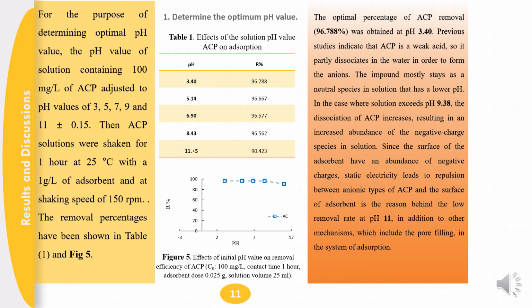Effect of the solution pH value on acetaminophen adsorption, and in figure 5, effect of initial pH value on removal efficiency of acetaminophen at initial concentration 100 mg per liter, contact time 1 hour, adsorbent dosage 0.025 gram, solution volume 25 milliliters.